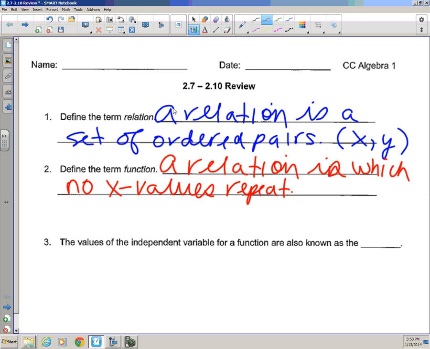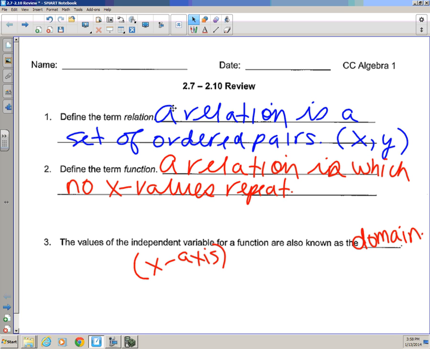So when we talk about independent variables for a function, the independent variable is also known as the domain, because the independent variable happens to be the x, or it's graphed along the x-axis. If we talk then about a dependent variable, that would be the range, the y values.